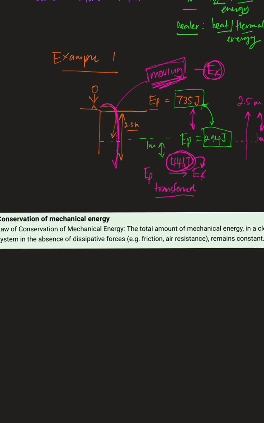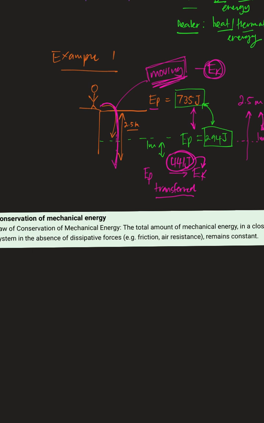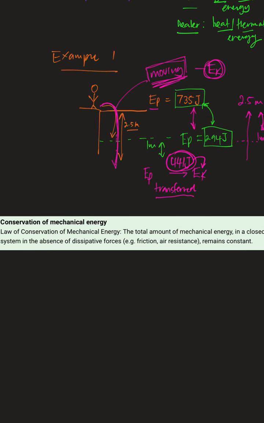All right, the law of conservation of mechanical energy states that the total amount of mechanical energy in a closed system, in the absence of dissipative forces, friction and air resistance, remains constant. So let's just break that down for you a little bit. The law says the total amount of mechanical energy, which is your EM, in a closed system.